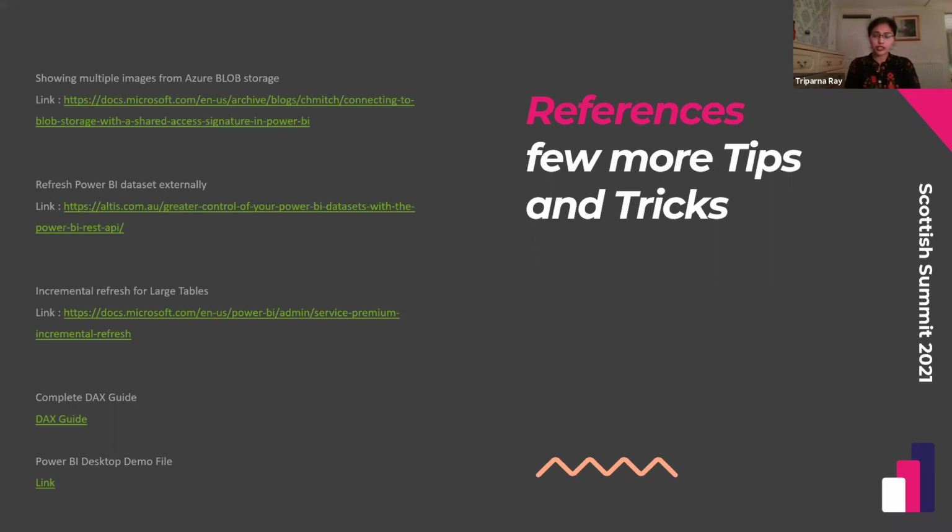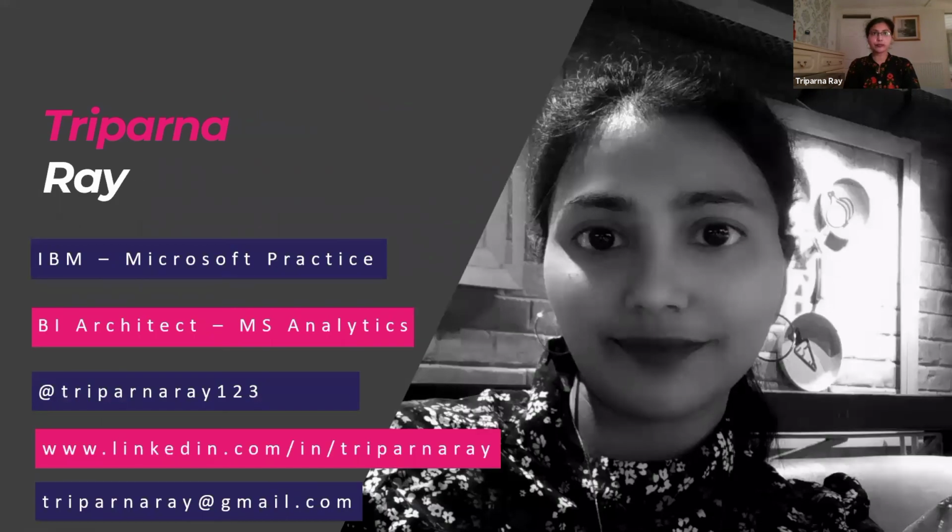Just one thing we need to keep in mind here is that we need a date time field in that particular table for configuring this, so that it just takes the latest dates after whatever it has last loaded. Then I've included here the DAX guide. And finally, the Power BI demo file which I'm referring to, a OneDrive link is there, where it will be possible to download and see the datasets and the tricks which have been used here.